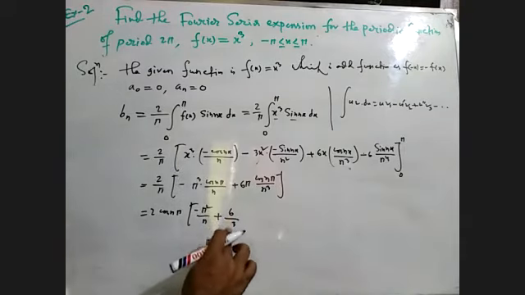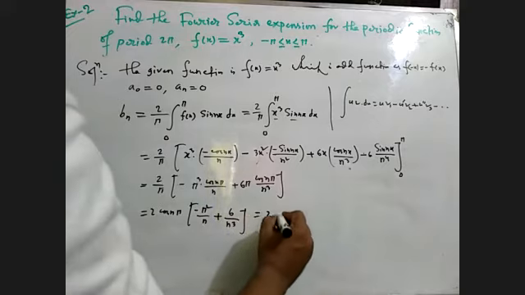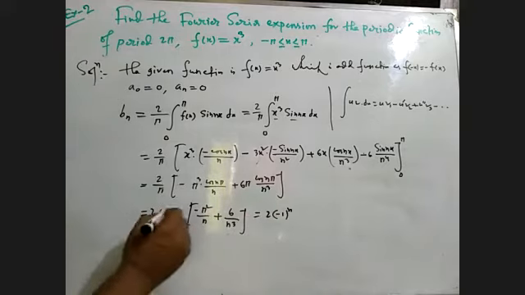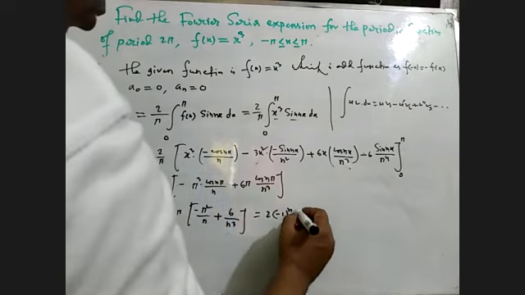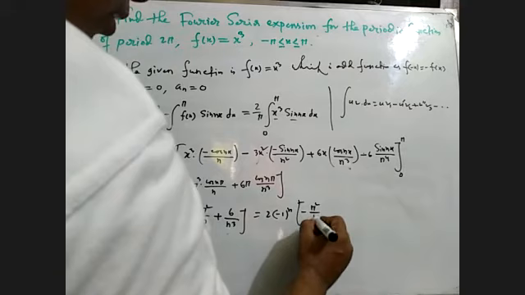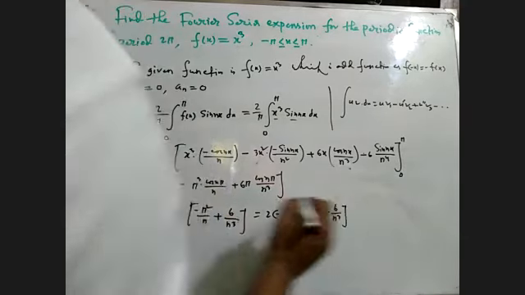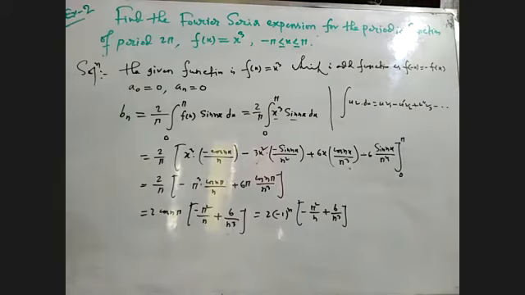Okay, so 2 into minus 1 to the power n. You must know cos n pi equals to minus 1 to the power n. So minus pi square by n plus 6 by n cube. So the value of bn will be like this.